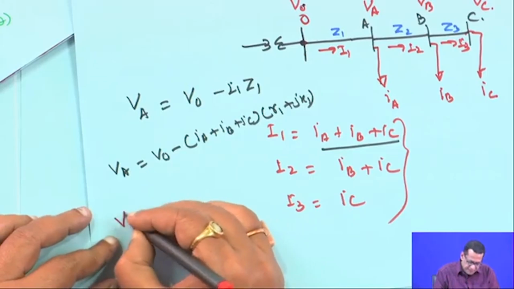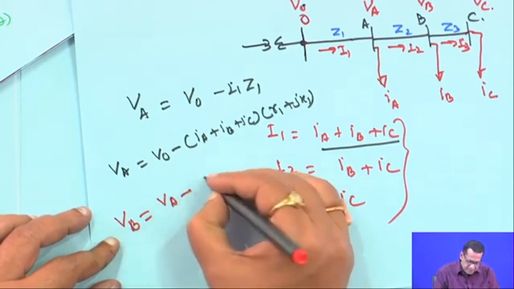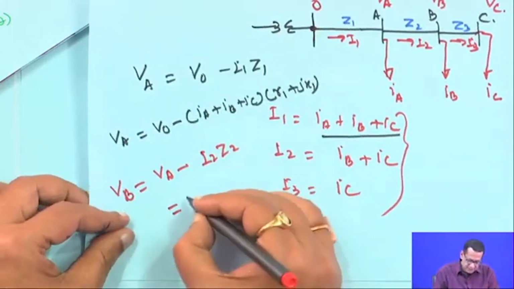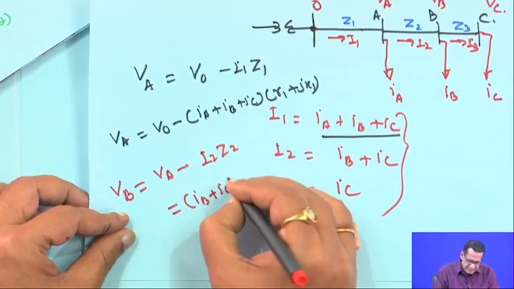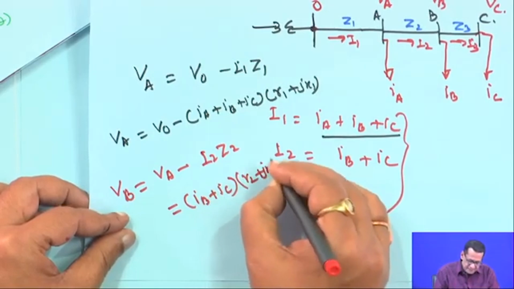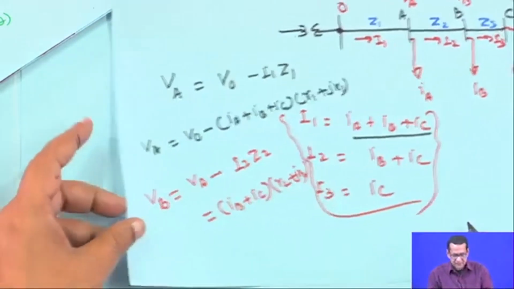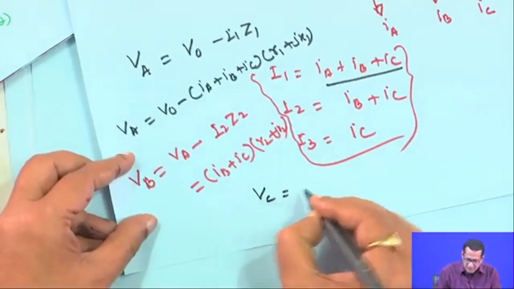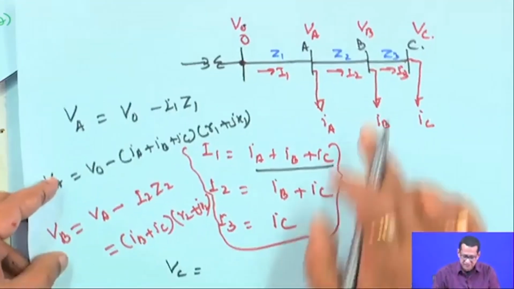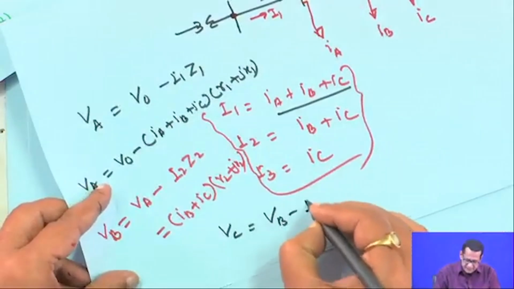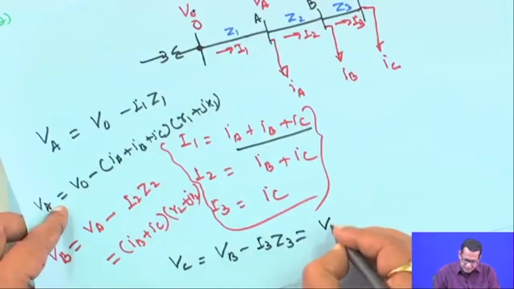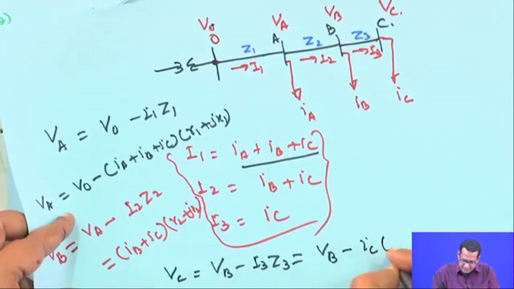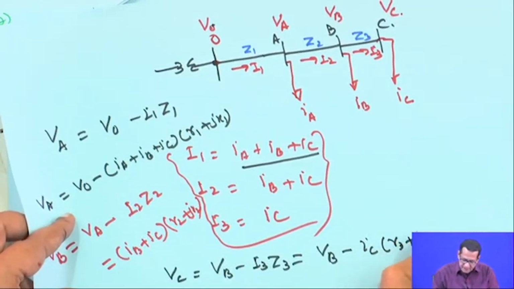Similarly, V B is equal to V A minus I 2 Z 2, where I 2 is I B plus I C, into R 2 plus j X 2. This is your V B. Similarly, from this figure, V C will be V B minus I 3 Z 3, that is I 3, which is nothing but I C, into Z 3, equal to R 3 plus j X 3.